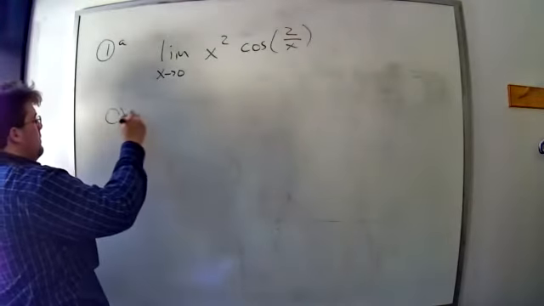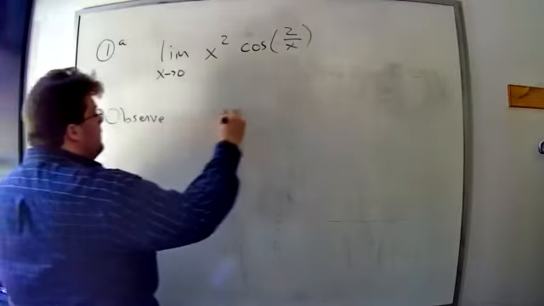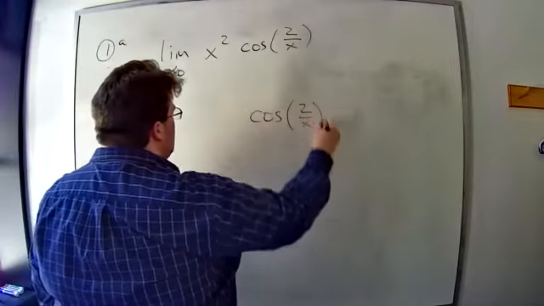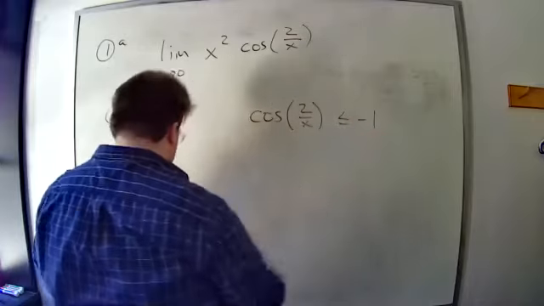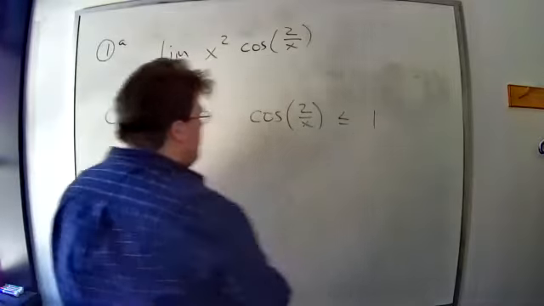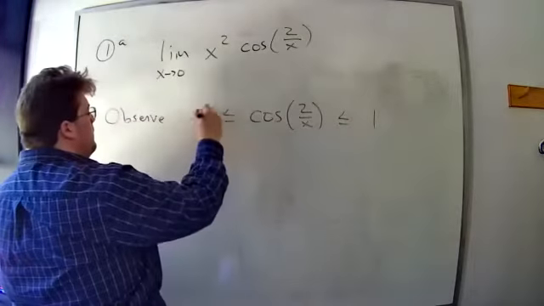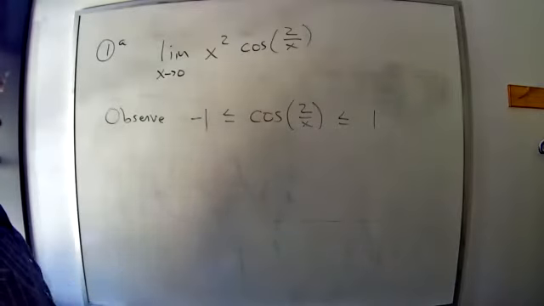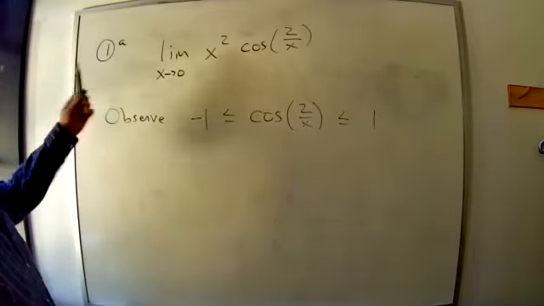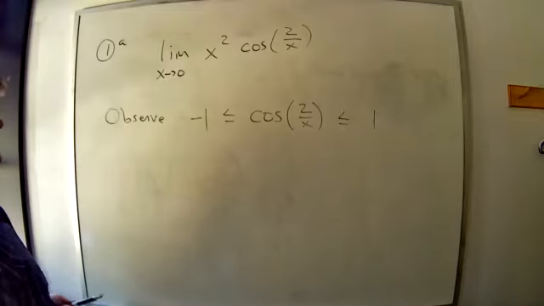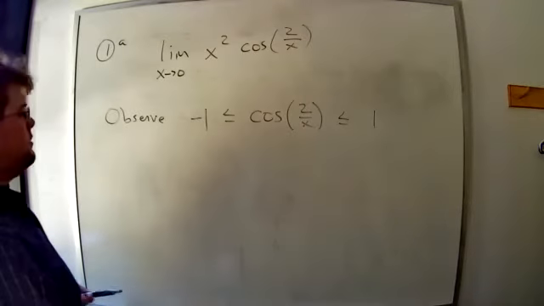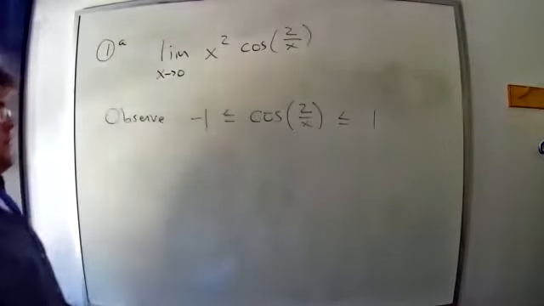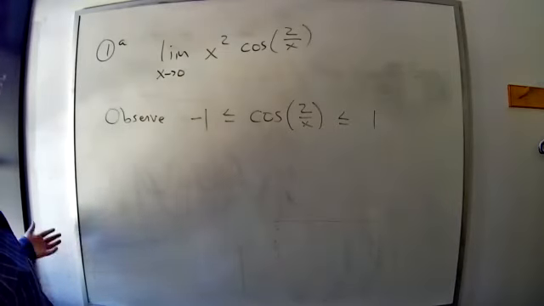So we'll observe that cosine of 2 over x is always between 1 and -1. Now, cosine of 2 over 0 doesn't exist, but remember, the limit doesn't care what happens at 0. It cares what happens close to 0, meaning this inequality does hold for any x value approaching 0.